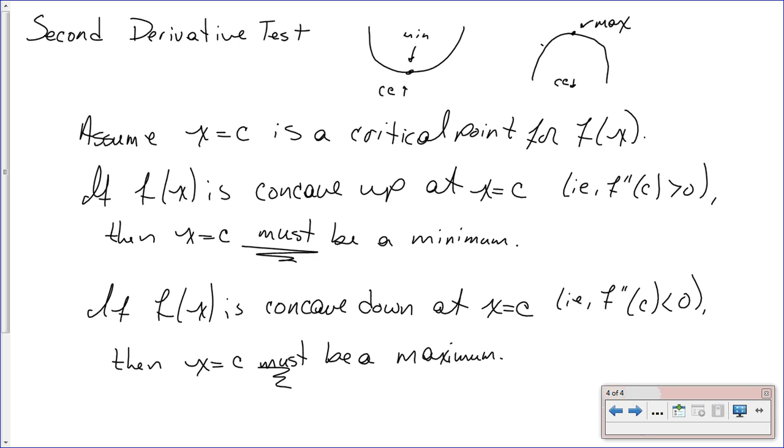All right. So let me show you an example. f of x equals x cubed minus 6x squared plus 15. We want to find the extrema.